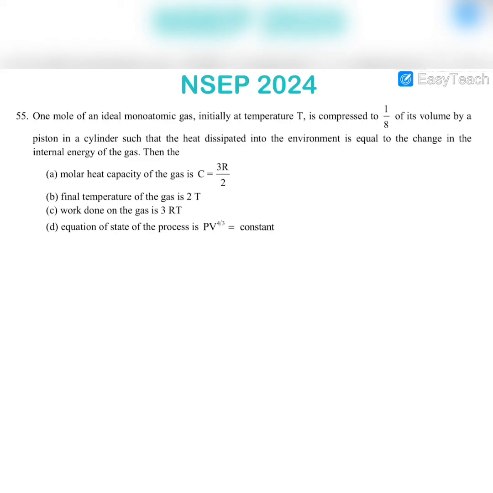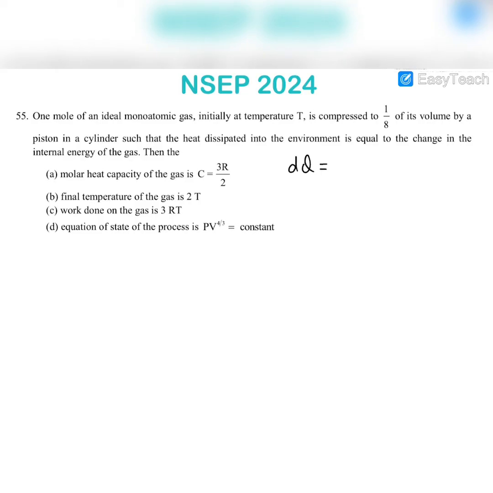So obviously we can say that the heat dissipated dQ is equal to the change in internal energy of the gas, and it is very important to note that it is given that heat is being dissipated, which means that heat is lost by the system.